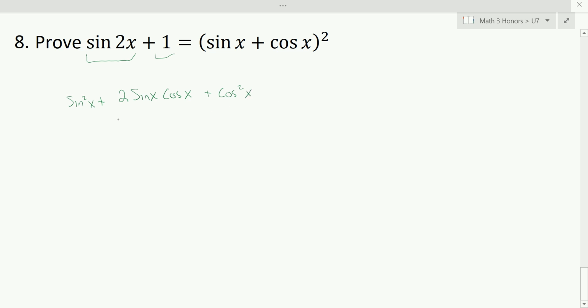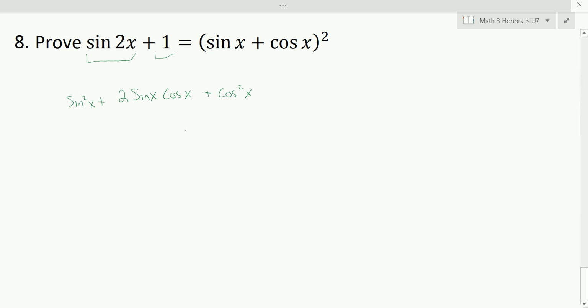And so then the next step is, well, how do you show that this is equal to sine x plus cosine x squared? And the key is, what's the reverse of multiplying? Factoring. Okay, so we need to factor this.